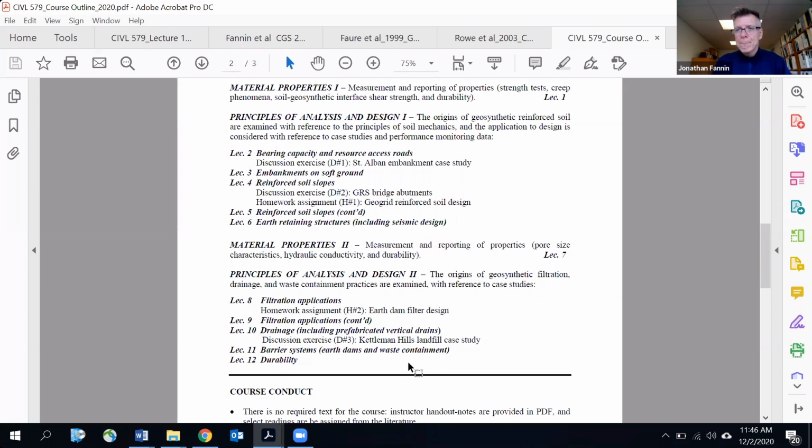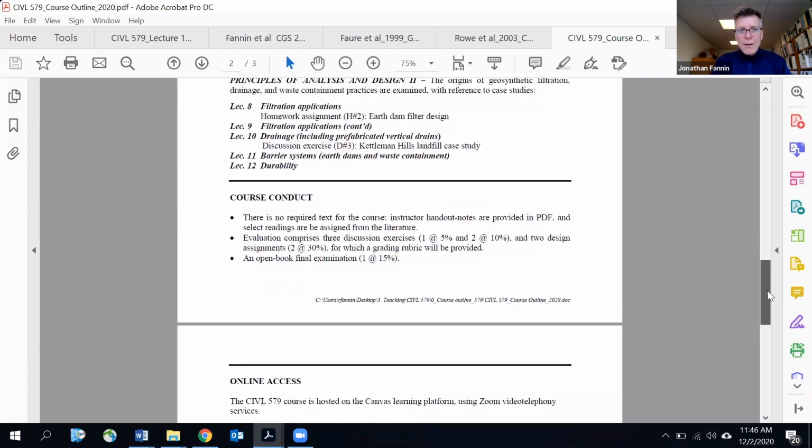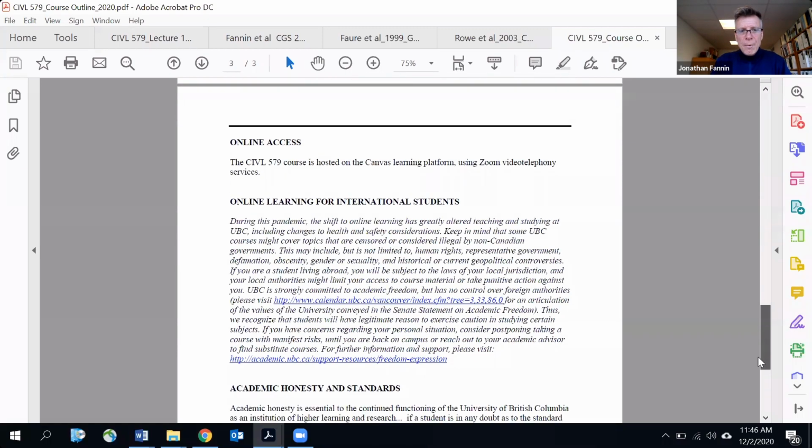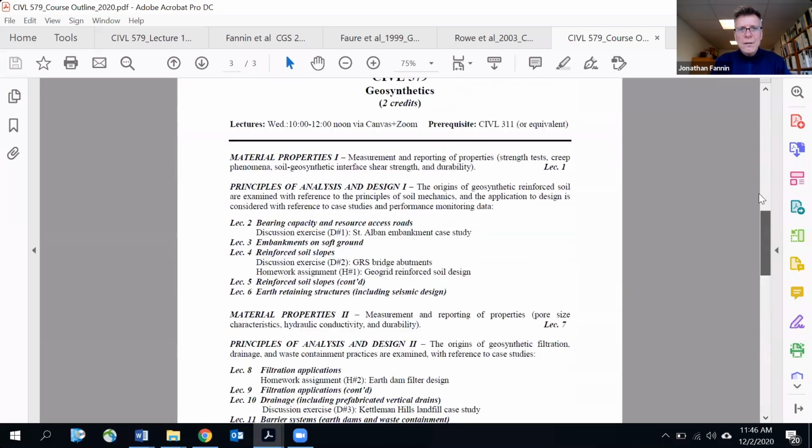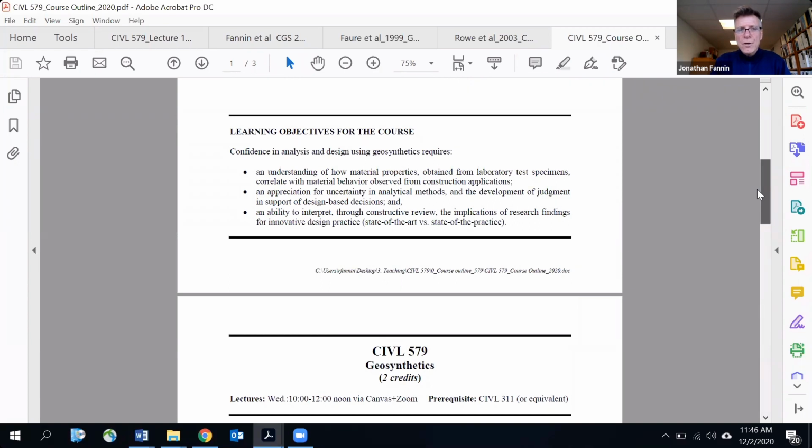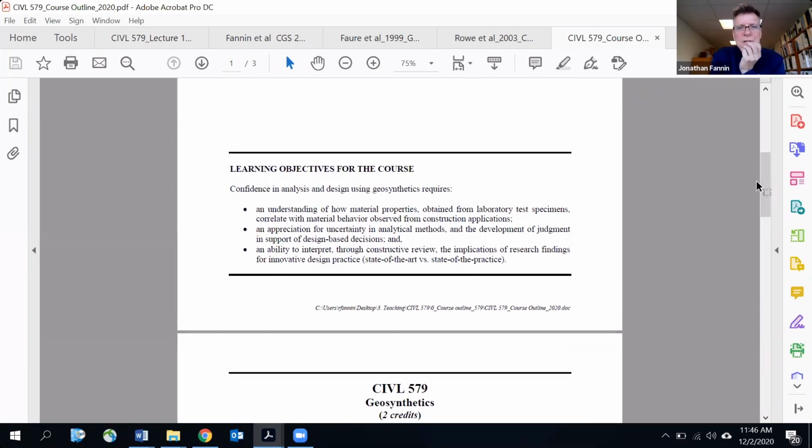Now, back up to the course. So here are the learning objectives of the course. I'm going to make a couple of closing comments and then I'm happy to entertain questions, okay? So the learning objectives of the course were understandings of material properties and how they're obtained and how they correlate with material observed and performance monitoring data.